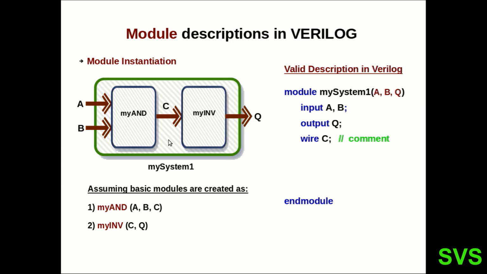Now to instantiate, we call the module name and then a temporary tag for the instance, let's say M1, and then in the order of the arguments for the module, we need to pass the variables.